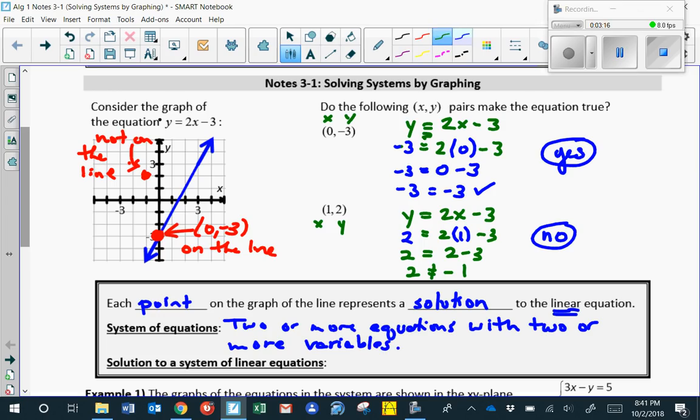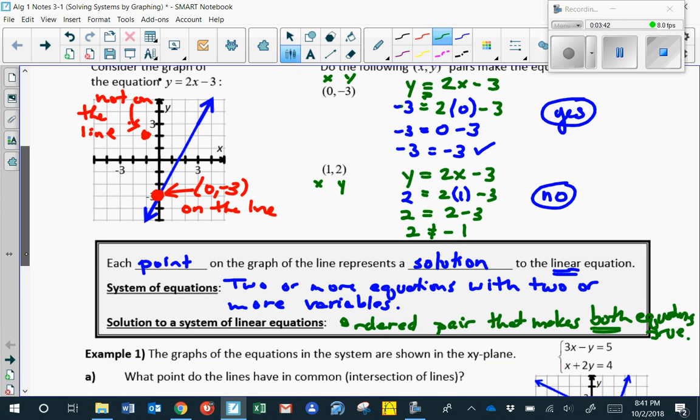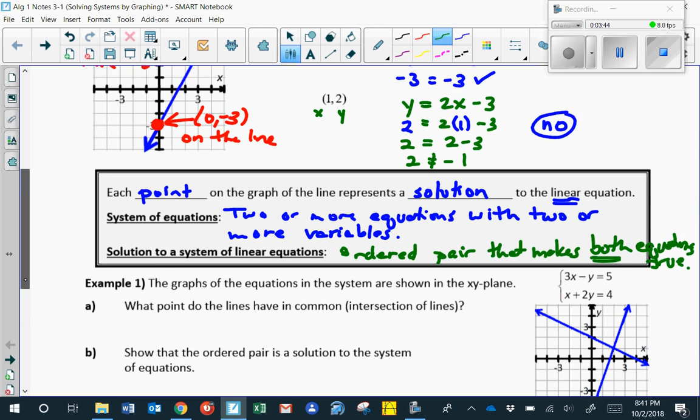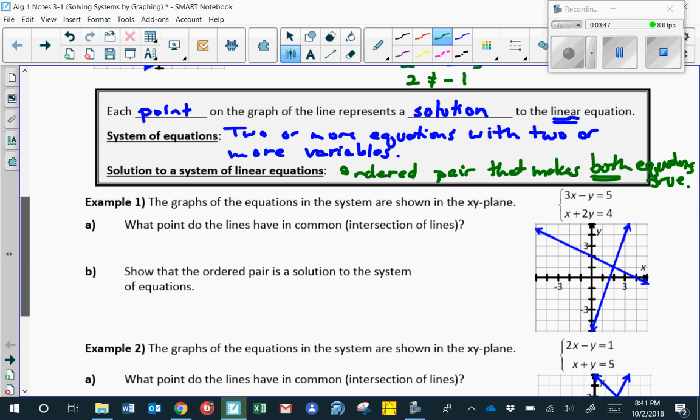A solution to this system of equations is an ordered pair that makes both equations true. When I say both, that implies that we only have a system of equations with two equations. That's the kind that we're going to look at. You'll study systems of equations with three equations and three variables in Algebra 2.